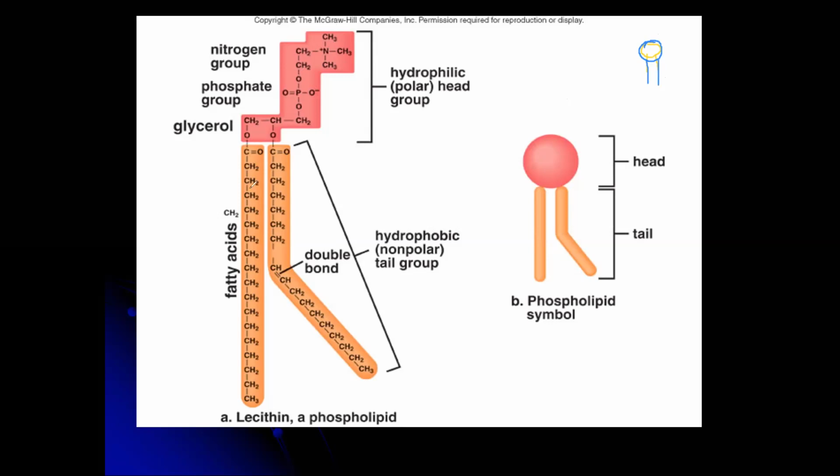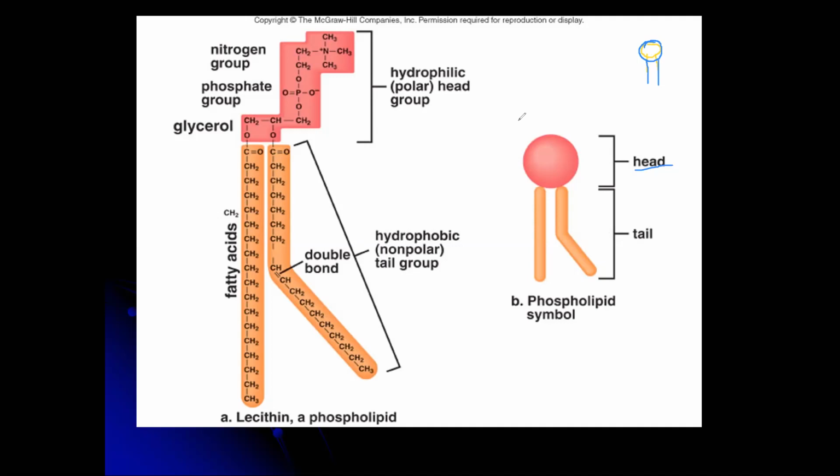The molecular structure. The chains, these are the fatty acid chains, and then this is your phosphorus group here, with stuff attached to it. This is called the head right here, the head, and the tails.